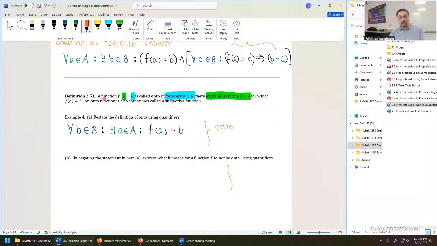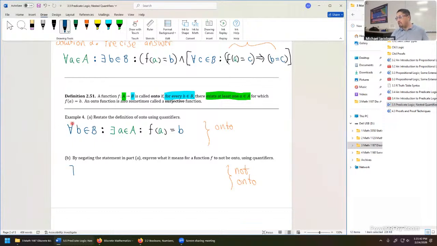Negating it is giving us a nice quantified statement for not onto. But as far as negating statements go, it's kind of business as normal. We go left to right, maintain the order, flip the quantifiers, negate the predicate function, which would be this statement, F maps A to B.